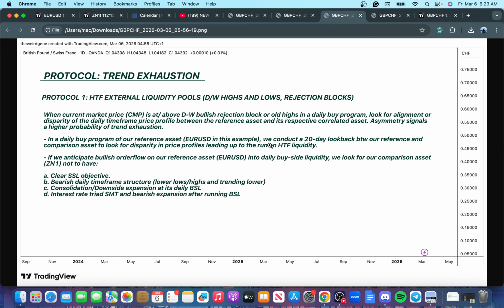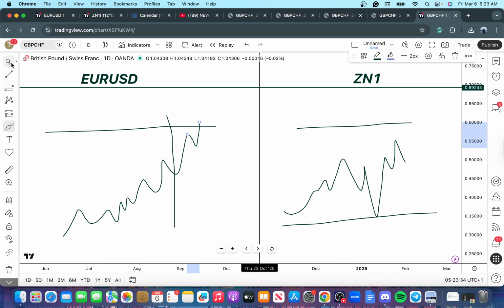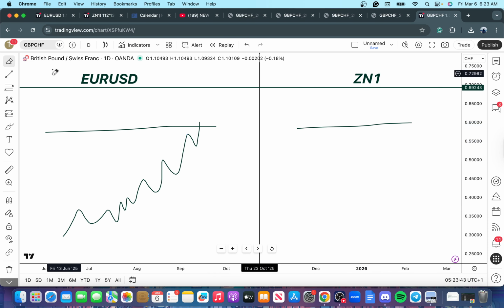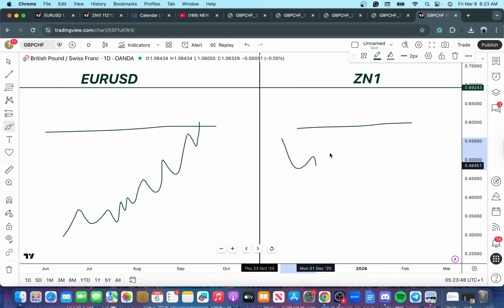Number two is, we're looking for a bearish daily time frame structure. So we're looking for a bearish expansion when Euro Dollar is trading higher. Going back to our initial example, if we're expecting higher prices in Euro Dollar, what we don't want to see is 10-year T-note expanding lower, especially if that comes after we take out a higher time frame buy side liquidity pool.